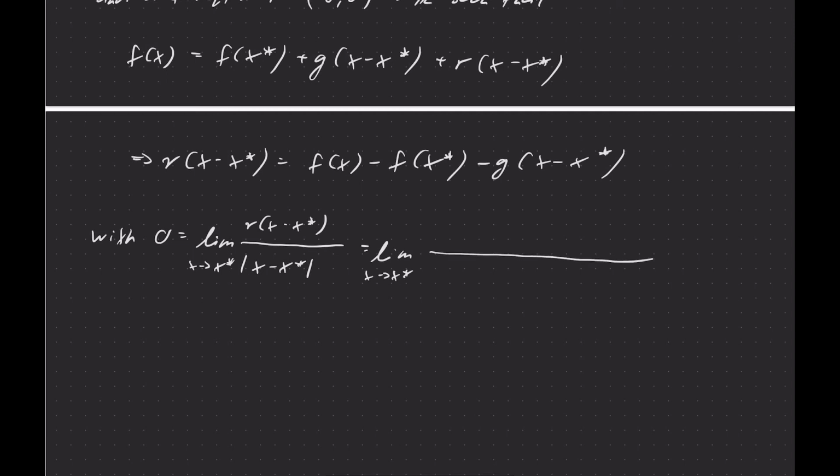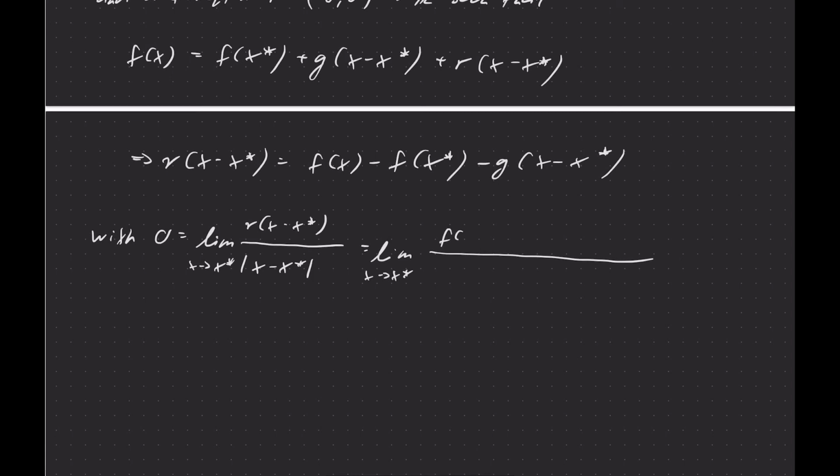So we know that the limit of r of x minus x star over the absolute value of x minus x star, as x tends to x star, is 0 if the function is totally differentiable. Okay, so what we get here is the same limit as, well, just calculate what r is.